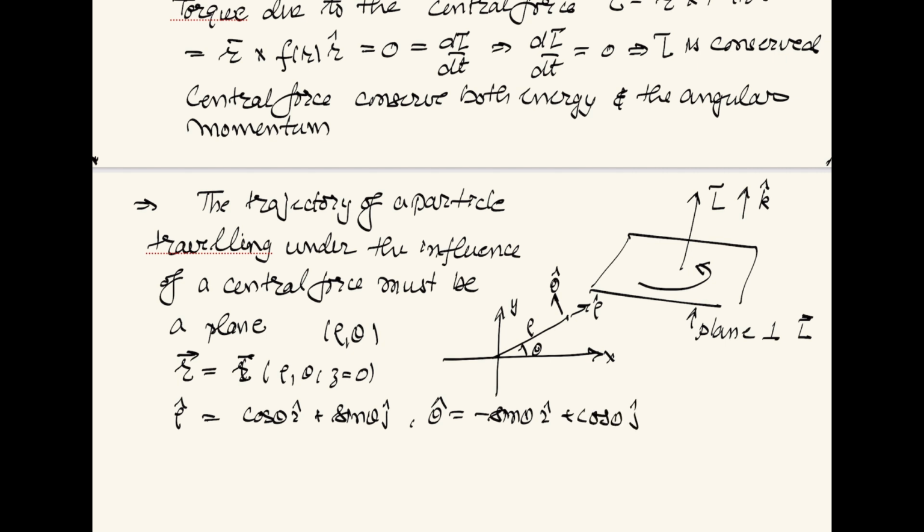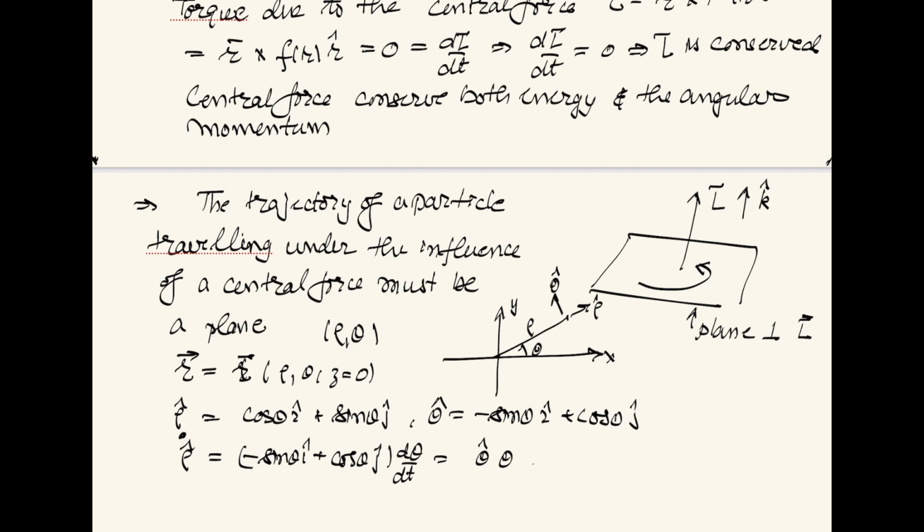And we find that these unit vectors are not constant, they can be differentiated. So rho cap dot, where dot means derivative with respect to time, can be written as minus sin theta i cap plus cos theta j cap times d theta by dt. You can see that this is nothing but theta cap, and I have a theta dot.